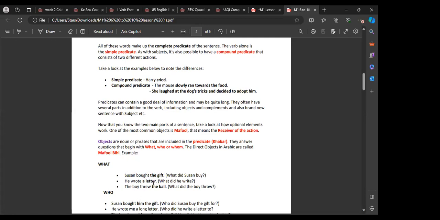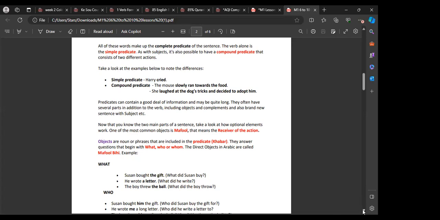He wrote a letter. If we ended it with he wrote, it wouldn't make sense. It's not complete. It doesn't give you a complete meaning. So with the addition of the object, it completes the meaning of the sentence. He wrote a letter. The boy threw the ball. Same thing. What did the boy throw? He threw the ball. The ball is the object. And in Arabic, the object is maf'ul.